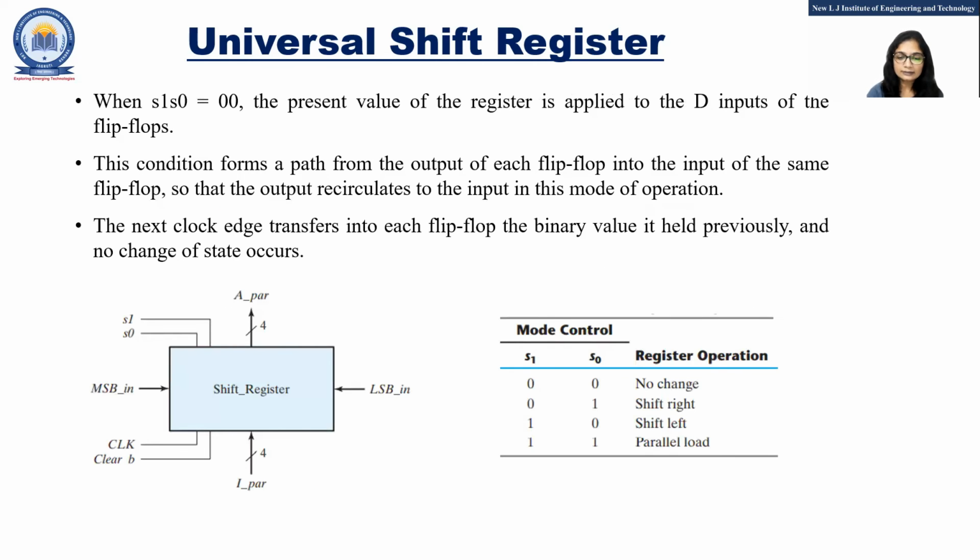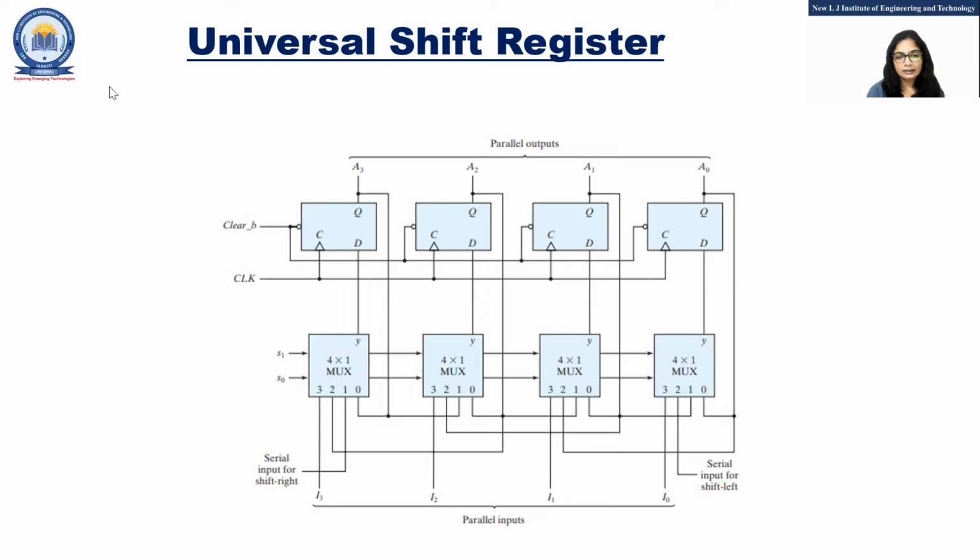And the fourth mode, that is parallel load. Suppose I want to load data parallelly, means suppose I am going to use PIPO or PISO operation. In PIPO or PISO, we must first load data simultaneously, then we can shift that data. So in this mode, we are applying parallel inputs from here to the fourth line of each and every mux.